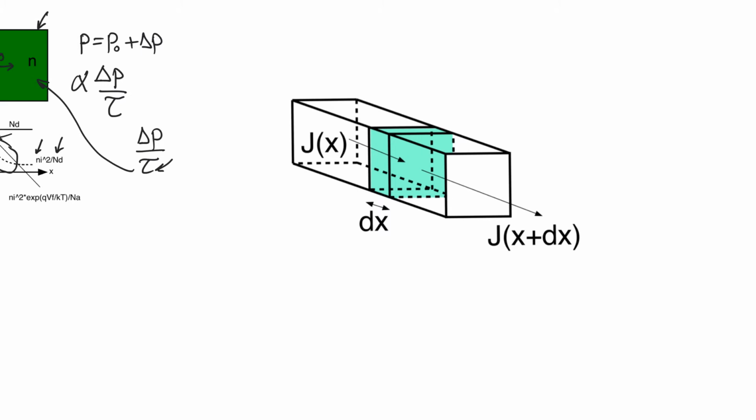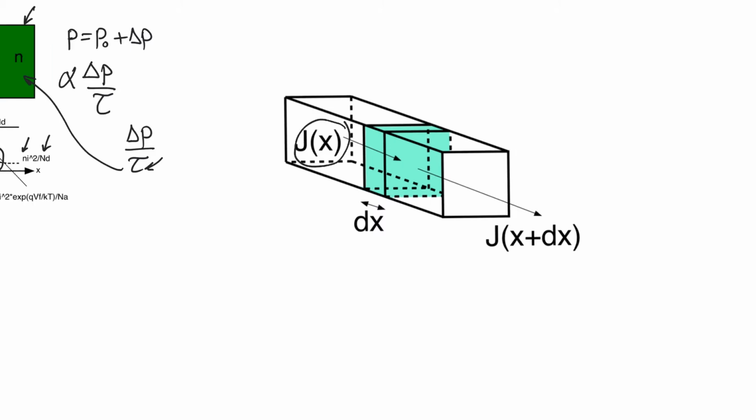It's basically talking about the continuity between J of x and J of x plus dx, which is the current exiting an infinitesimally short distance. So basically we are talking about what is the difference between J of x plus delta x and J of x. Are they going to be equal, or is there going to be a difference? And if there is a difference, where does that difference come from?